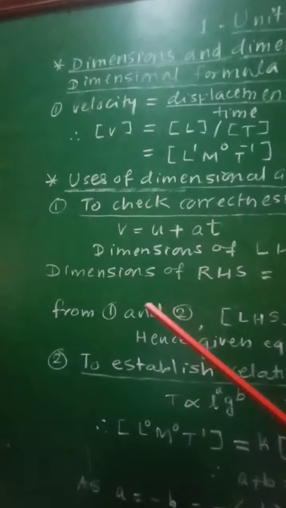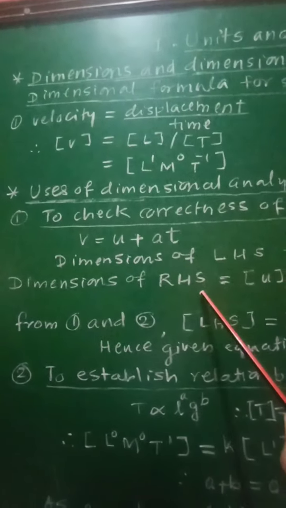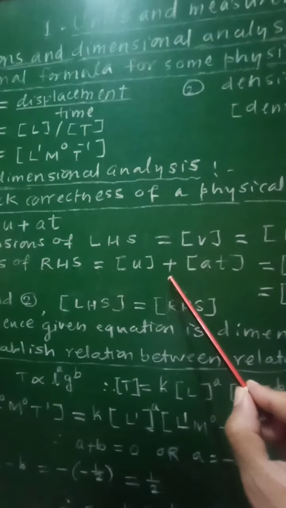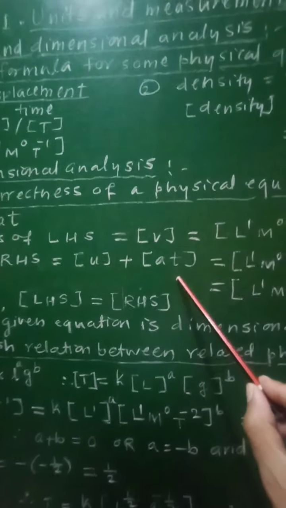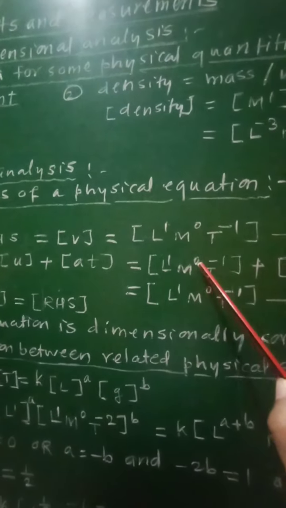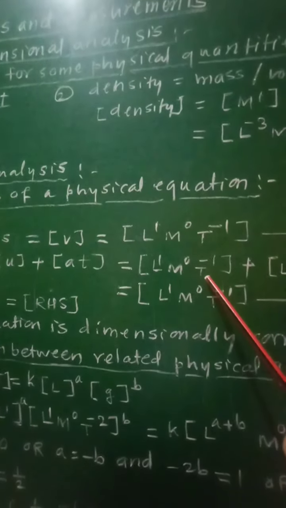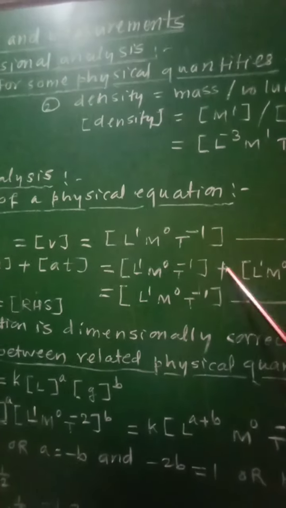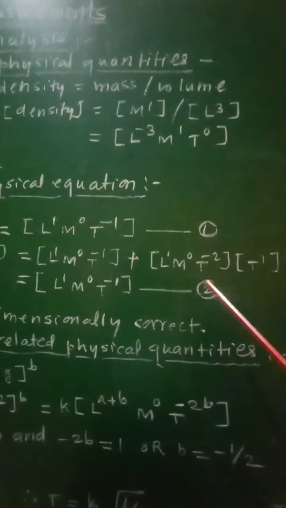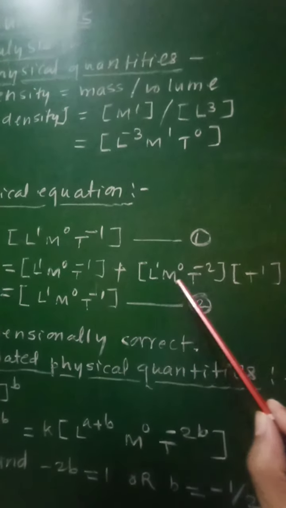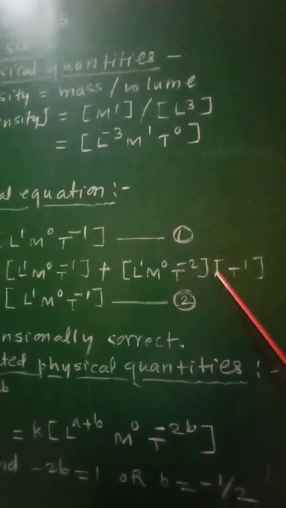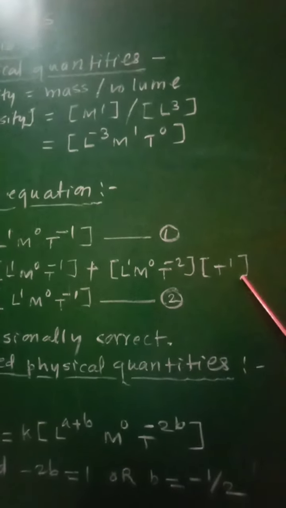Now let us find the dimensions of RHS. That will be equal to dimensions of u plus dimensions of at. So that will be equal to dimensions of u, which are 1 in length, 0 in mass, minus 1 in time, same as that of velocity, plus dimensions of a into dimensions of t. These are written separately here. Dimensions of a are 1 in length, 0 in mass, minus 2 in time, and dimensions of time are 1 in time.